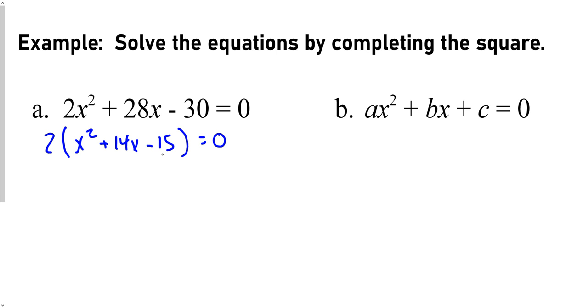When you complete the square on this particular one, we have this factor of 2 still hanging out in the problem. Wait a second, we don't have to do anything fancy. What happens when I divide by 2?